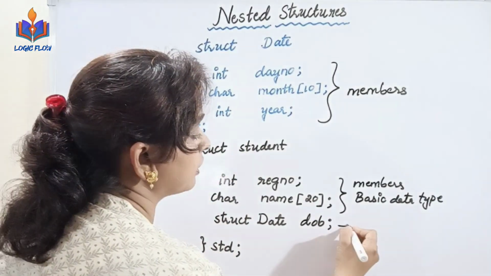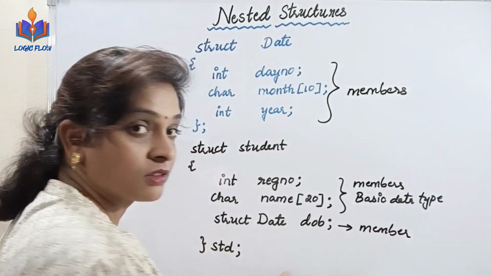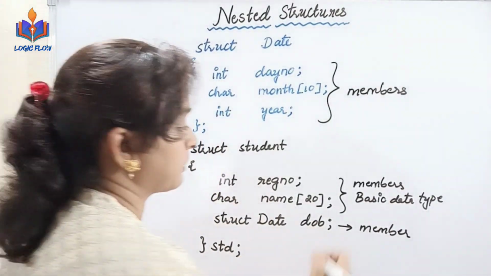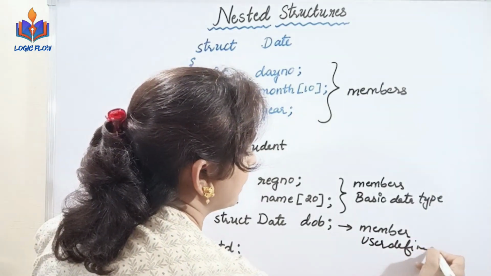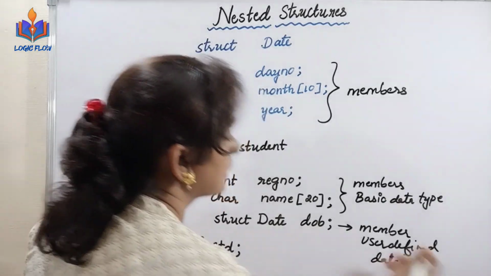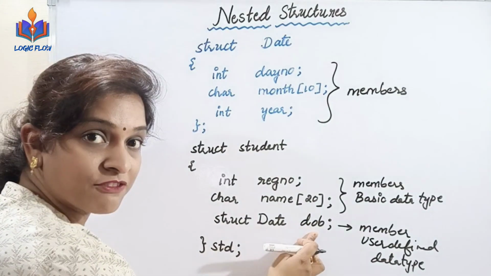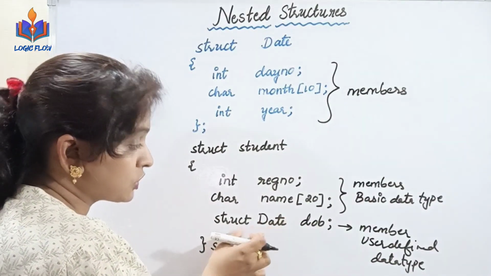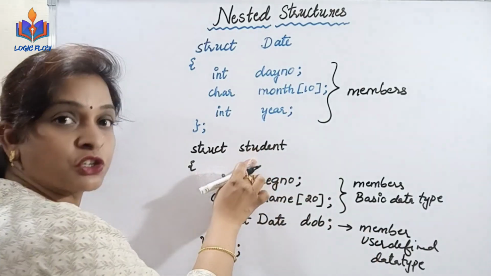But this member is of user defined data type. So that user defined data type is what? It is date. So here, this is the variable I have created: the structure variable which is acting as a member of this structure.